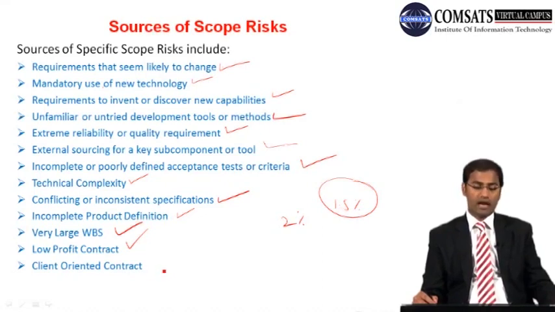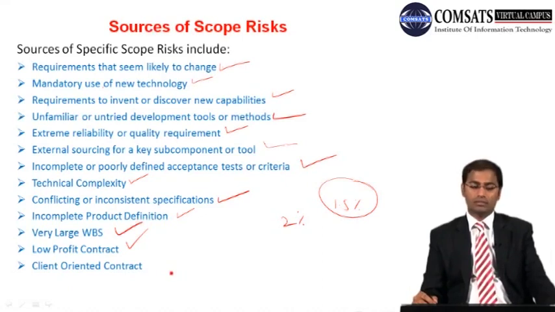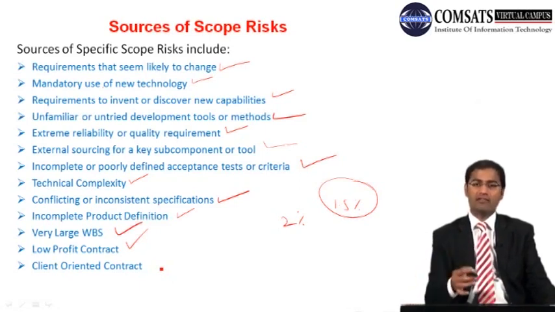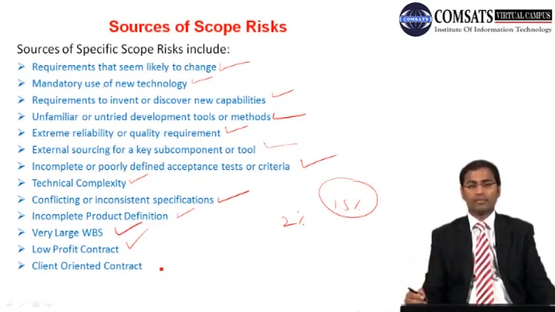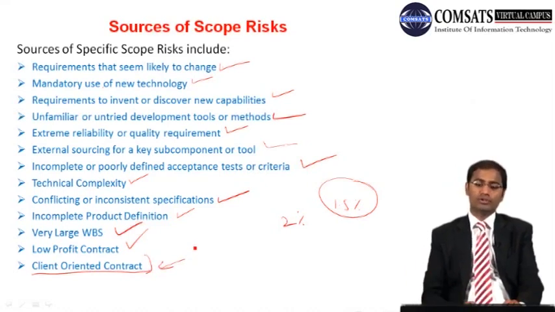And client oriented contracts, where the mindset is that the contractor is stealing some money, rather than accepting that he has a legitimate right to make a profit out of the work. When such contracts are out there, that undertaking is a very risky one. So these are a few sources of scope risk.